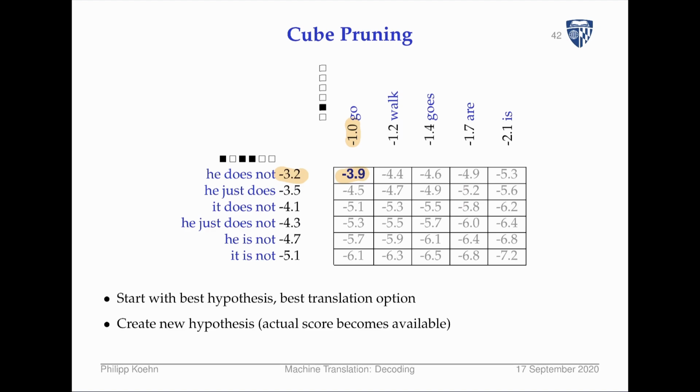And we might find out that the estimate was 4.2, but we're actually going to end up with 3.9, because the word go fits in really nicely. "He does not go" is a pretty nice phrase. So the language model might like this better than we would have expected for the word go going anywhere. So we actually expanded this hypothesis with a true cost. We also had the computational cost of producing this.